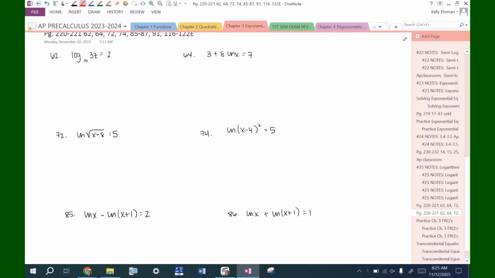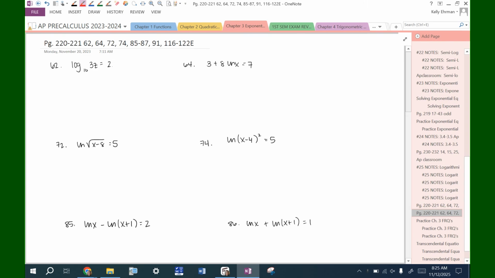So what we're going to do is look at all these different types of log equations and try to remember all the steps for solving. Okay. So the first one is log base 10 of 3z equals 2. If it's a log equation and you've already got the log isolated, you base both sides.